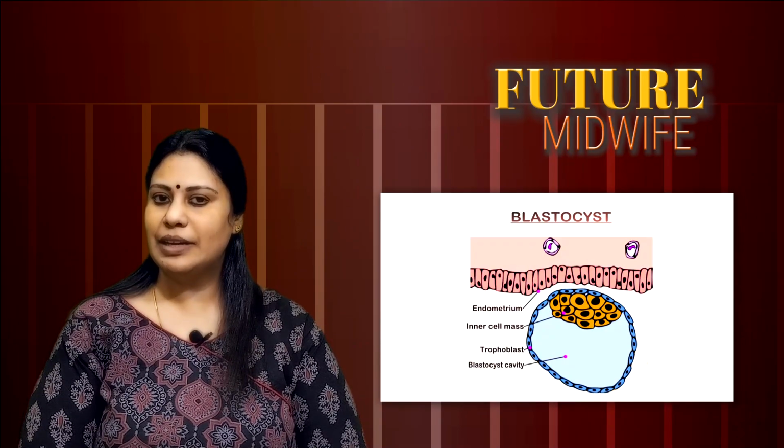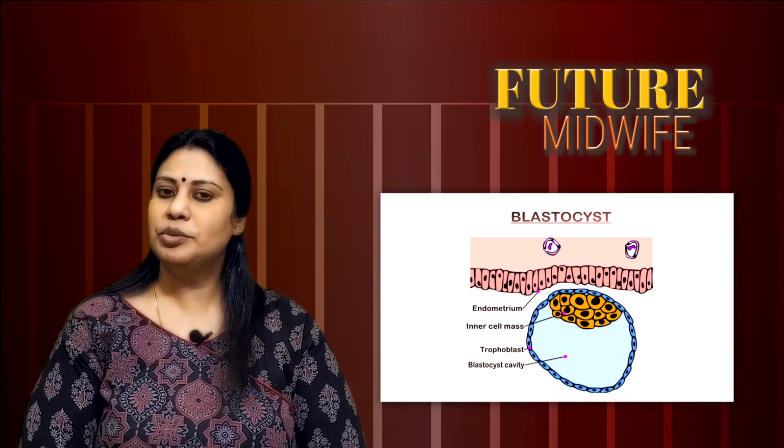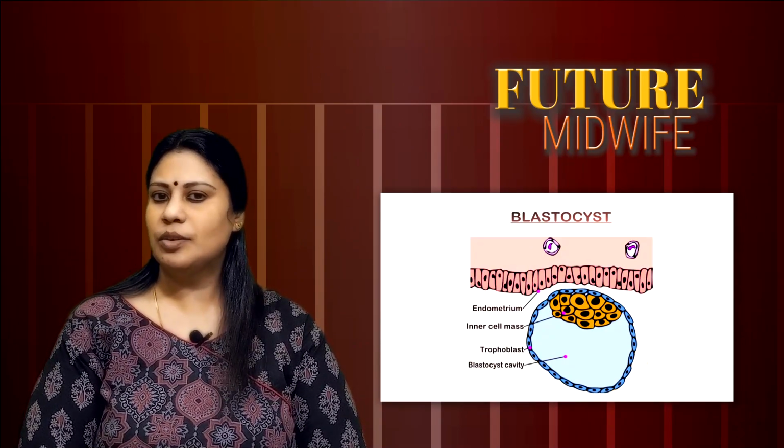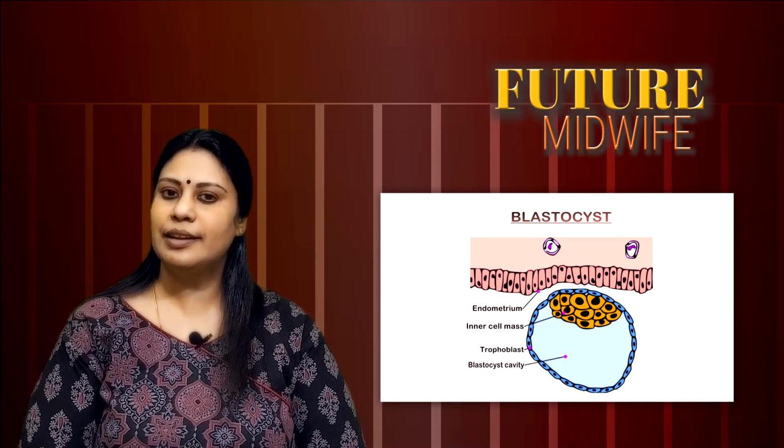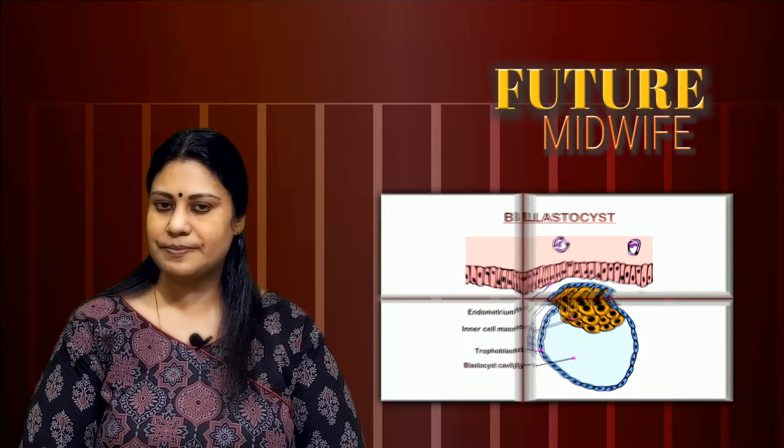Next, I will explain the second week of embryonic development. In the second week, the blastocyst undergoes further development and forms two layers. The outer layer is called the trophoblast and the inner layer is called the inner cell mass.